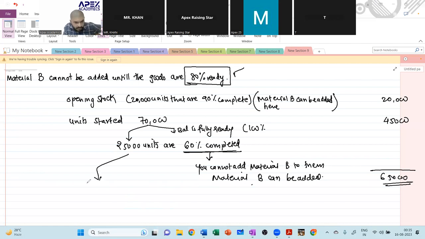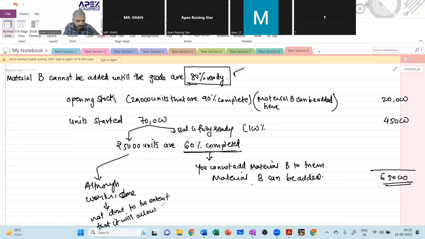So although work is done, not done to the extent that it will allow the material to be added.